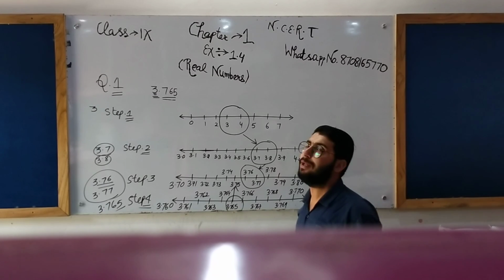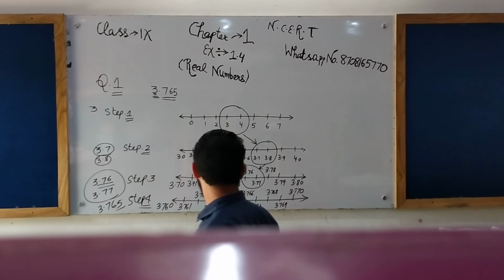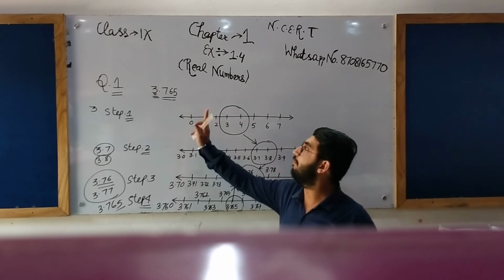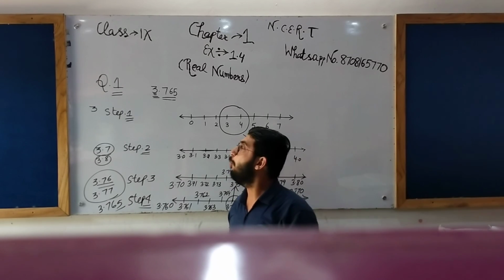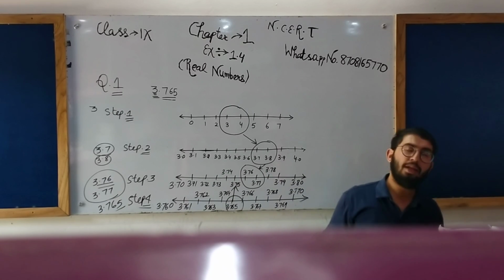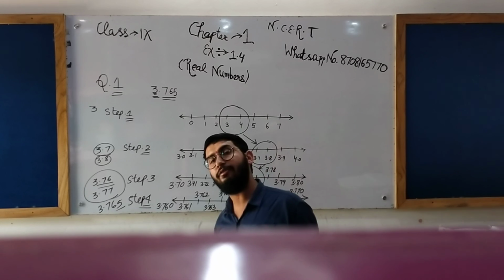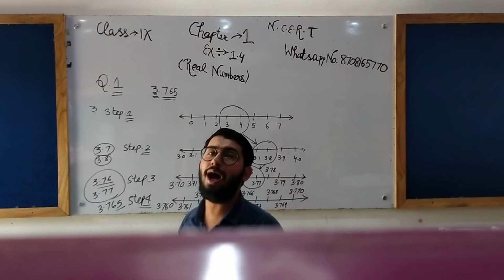We have represented the number and reached the destination, 3.765. This is how we can represent any decimal number using successive magnification. Successive means stepping one by one.